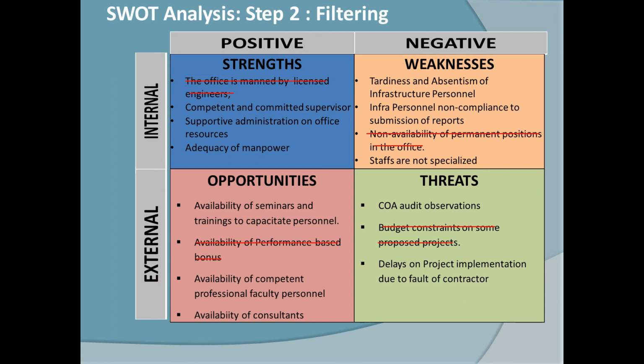Again, the non-compliance of infrastructure personnel in submitting reports could also cause these audit observations. Therefore, we eliminate or avoid this weakness to eliminate the COA audit observations and delays on project implementation.